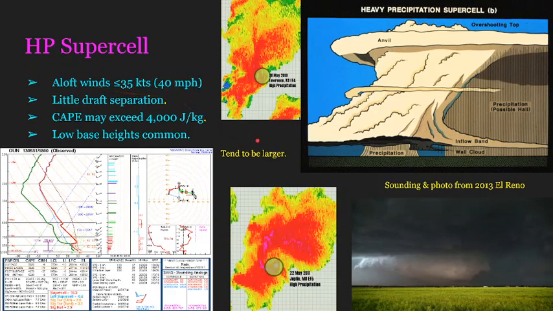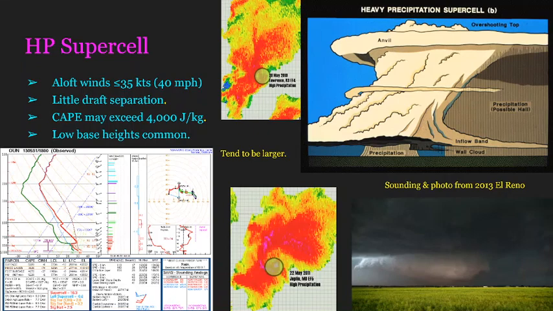You're going to have relatively little draft separation. Draft separation is separating your updraft from your downdraft. This is important for any thunderstorm and will definitely happen with your low precip cells. When your updraft and downdraft merge, that will essentially choke off the storm.